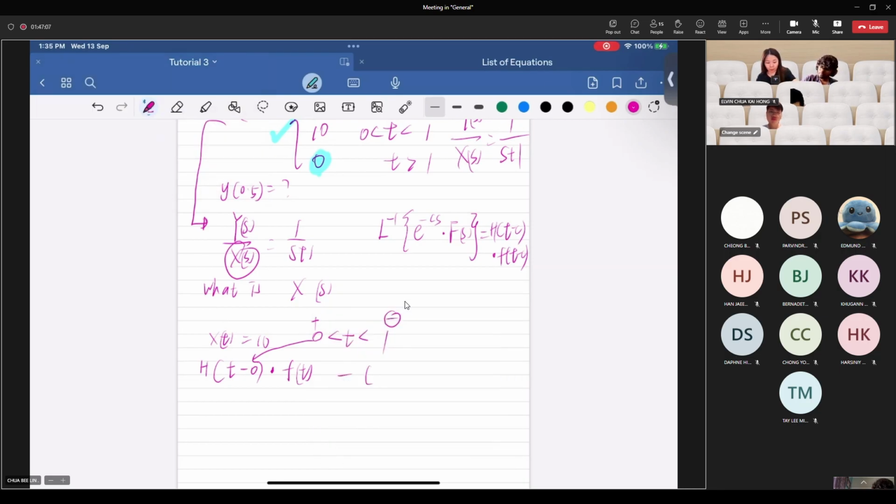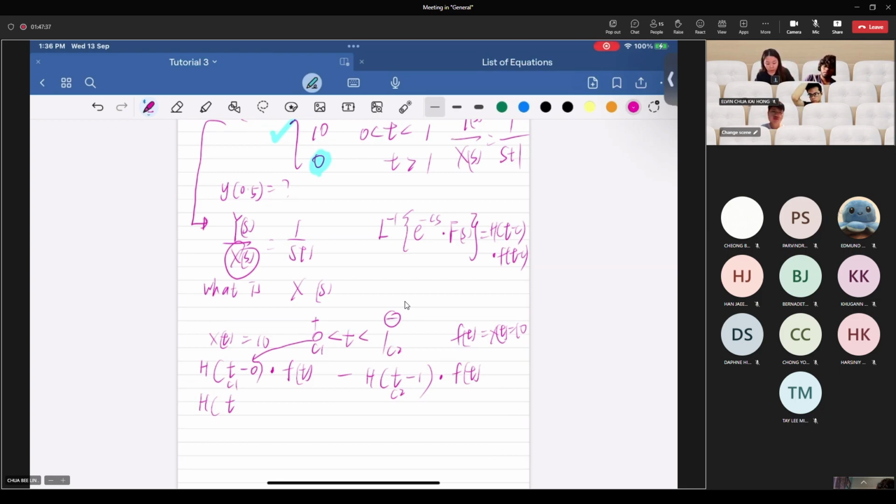The pattern is h(t minus 1) multiplied with f(t), where your f(t) is now x(t), which is 10. So I put c1, c2. I think last time you all learned c1, c2. The one at the left hand side is plus c1, and then c2 is negative.